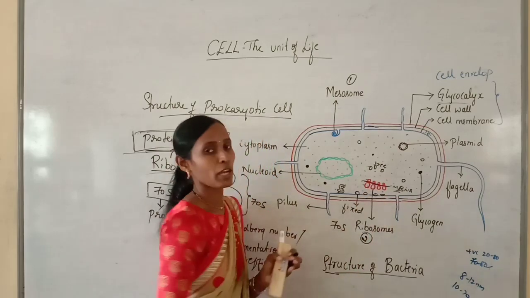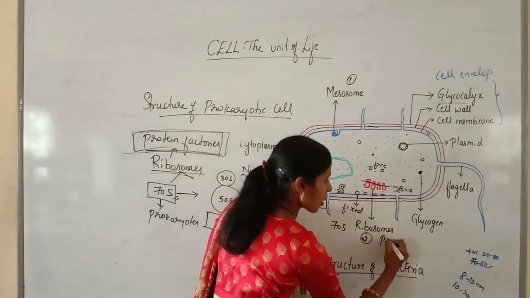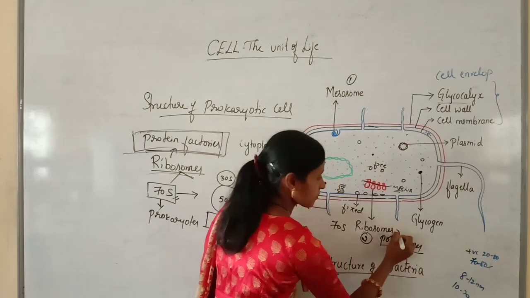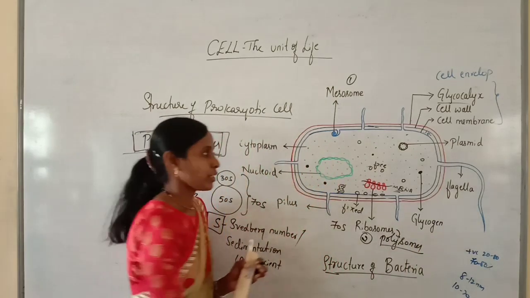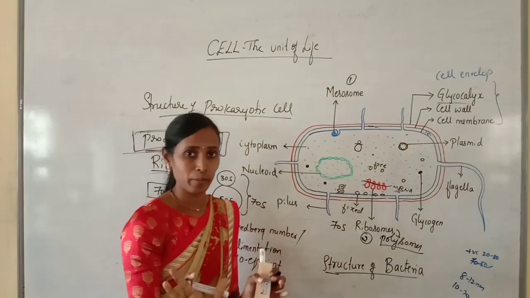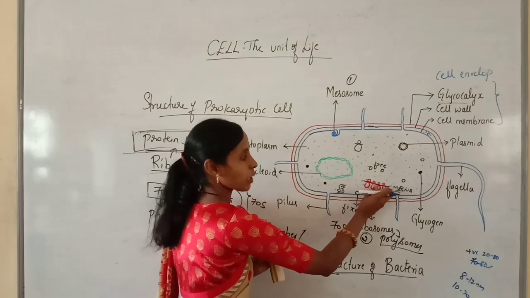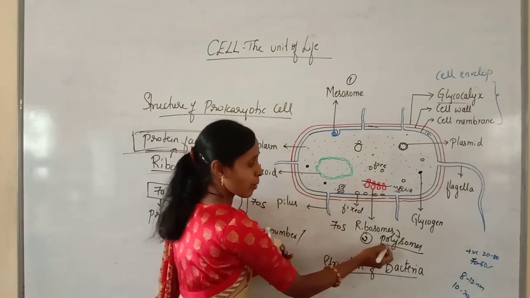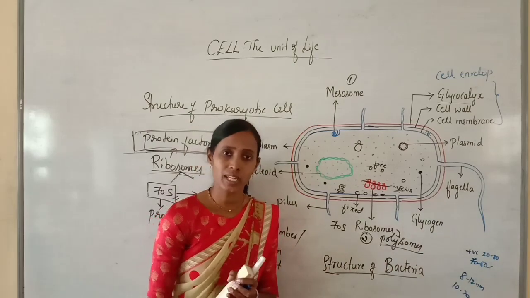This type of ribosomes are called polyribosomes or polysomes. If you find a single ribosome like this, it is simply called a ribosome, but here many ribosomes are attached to a single mRNA, so it is called a polyribosome or polysome.